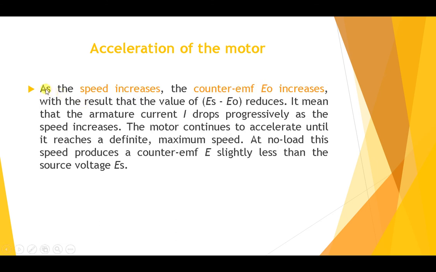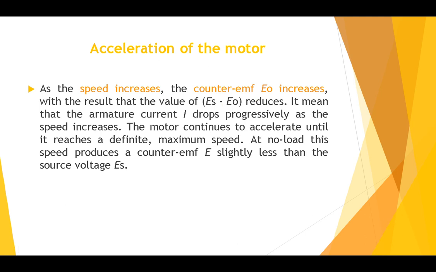Now, as the speed increases, meaning when the motor starts, the counter EMF also increases, because we know that it depends on the speed and flux, with the result that the value of ES minus E naught reduces.